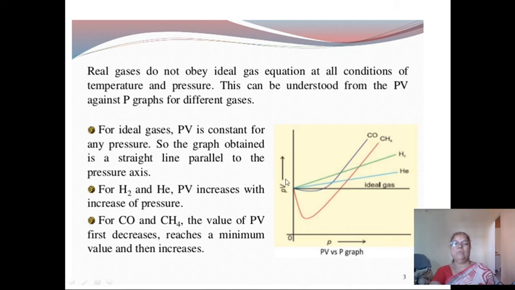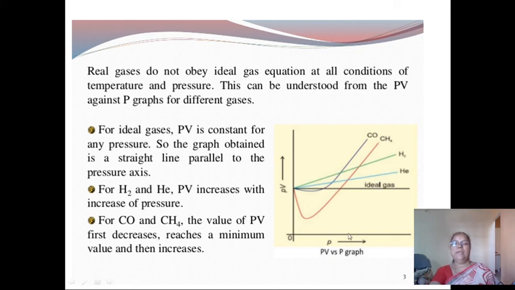That means when we plot the graph of PV versus P at a constant temperature, this PV product is constant, and this shows the nature of an ideal gas.